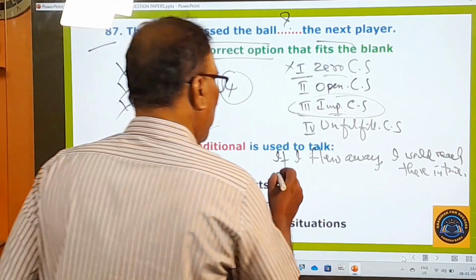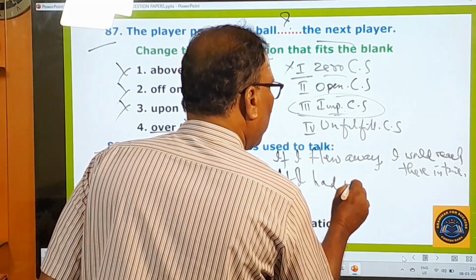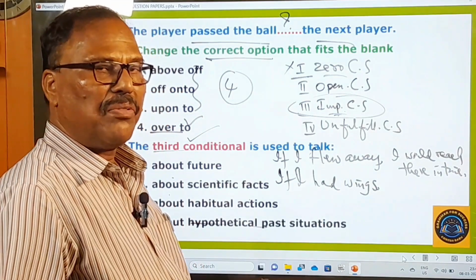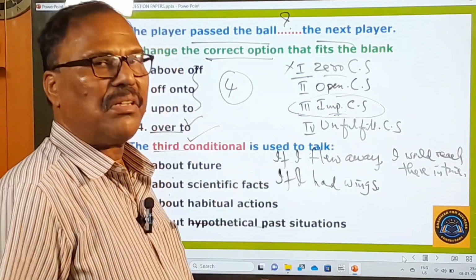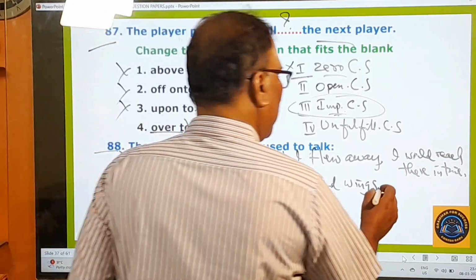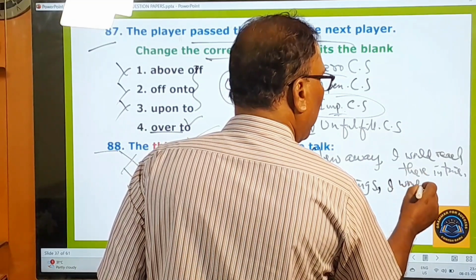See one more example. If I had wings, is it a possible thing? If I had wings, will I have wings? Impossible. If you had wings, what would happen? I would fly away.